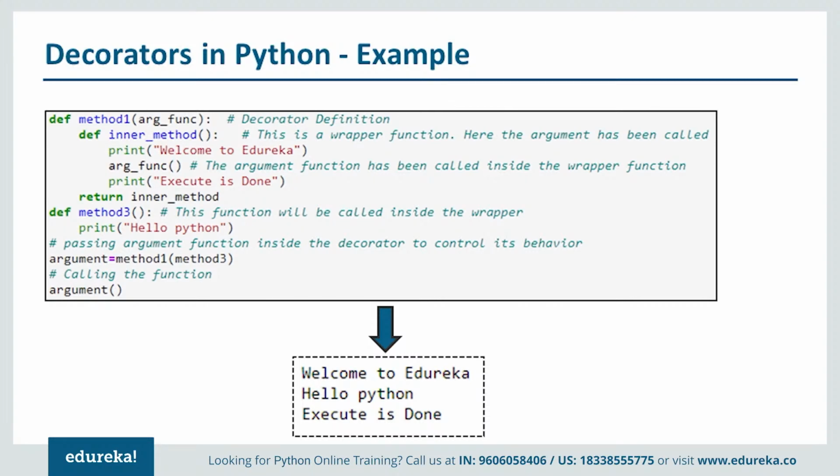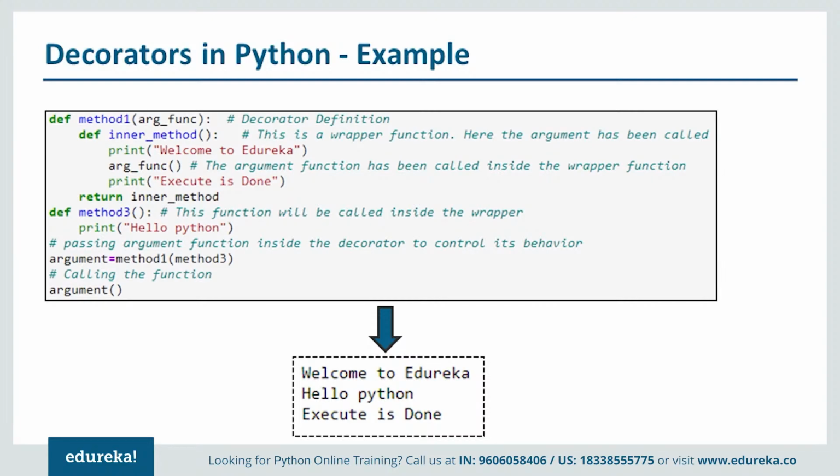Now the main part is the decorators here. Now argument is equal to method 1 bracket method 3. This is what I'm trying to do, make argument a function, in which I'm calling a function inside a function here. So you cannot directly call a function with a function as an argument there. Instead, you have to create a decorator over here, and in this case we are using the argument as a decorator.